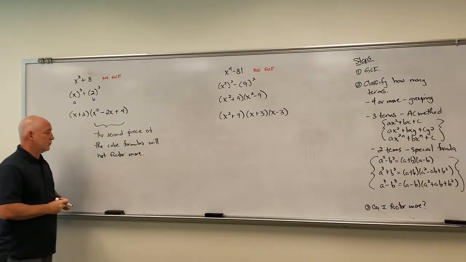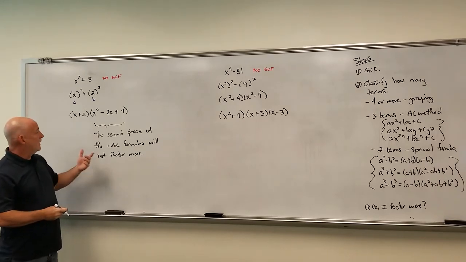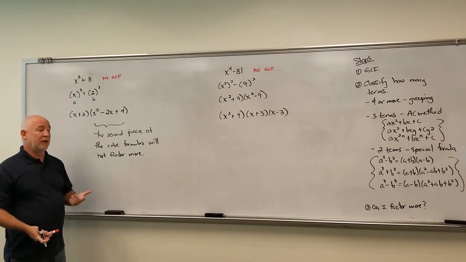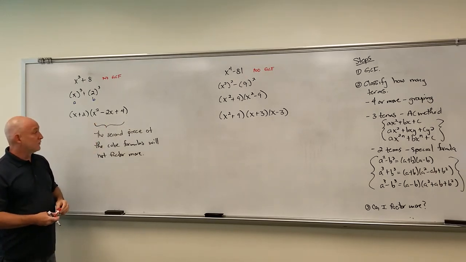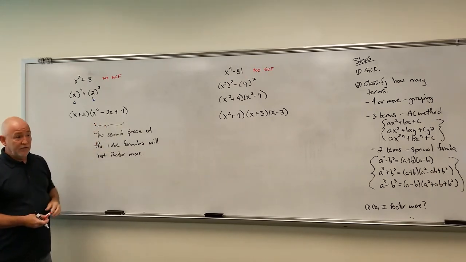Okay, so you don't really have to look at it. Now this is a little bit of a lie. Occasionally if you have some extremely complicated problems, you might actually be able to factor that some more. But for anything that we're going to deal with in this course, that won't factor anymore.